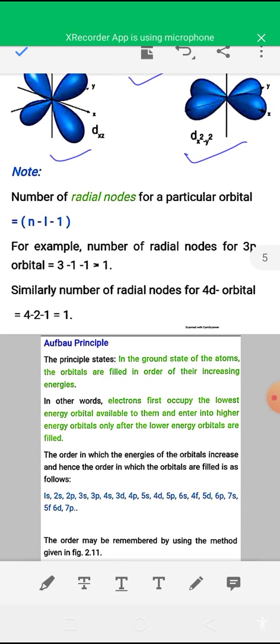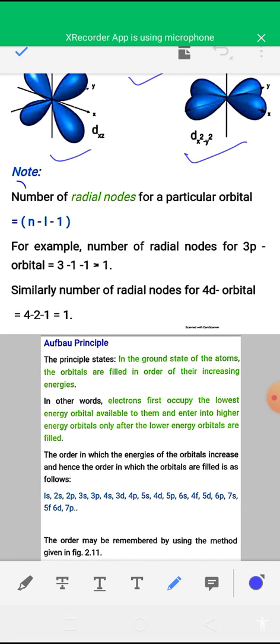Now see, one note is given, number of radial nodes. Radial node means where electron density is 0.